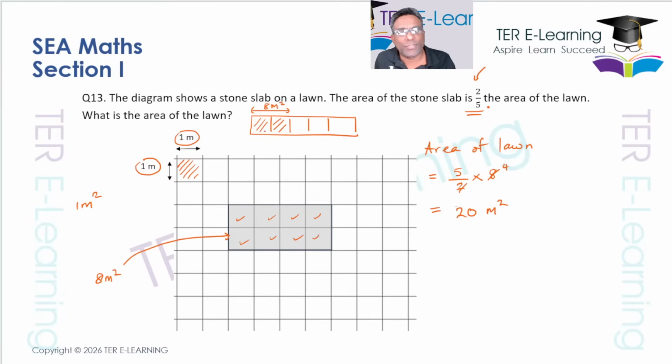So that means that one block represents 4. So you have a 4 here, a 4 here, a 4 here, 4 here, and 4 here. So you have 5 4s, and you'll get the same 20 meters squared. Hope that makes some kind of sense.